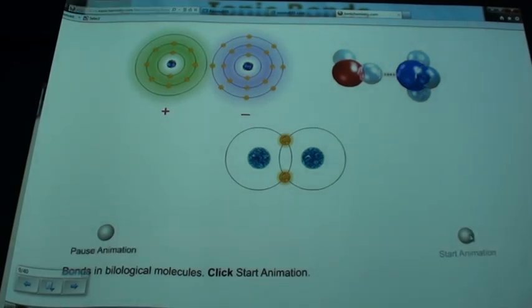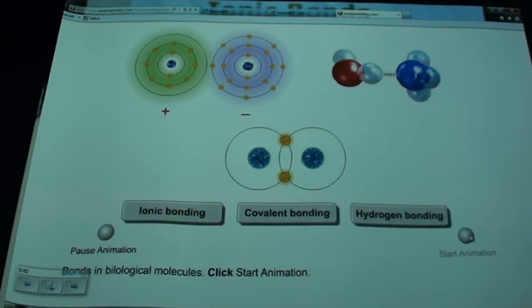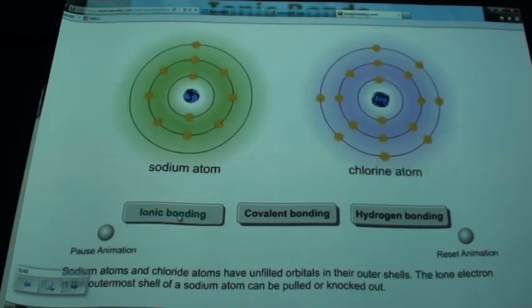In living organisms, atoms are joined to form molecules by a few kinds of bonds, mainly ionic, covalent, and hydrogen bonds. Click the buttons to view an animation about each bond type. Sodium atoms and chlorine atoms have unfilled orbitals in their outer shells.